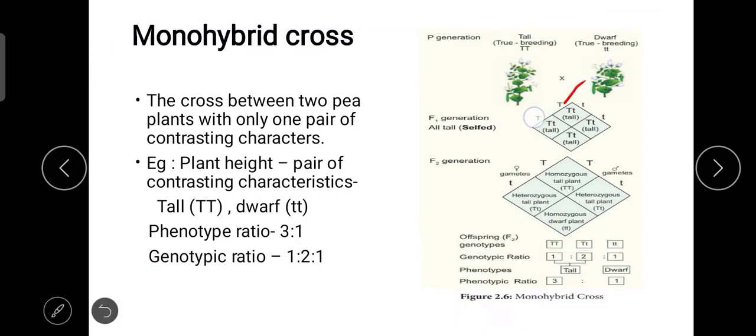So capital T crossed with small t, small t. So capital T, small t and capital T, small t. Again capital T, small t, again capital T, small t. That is nothing but the F1 generation.